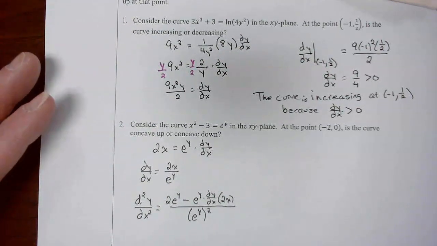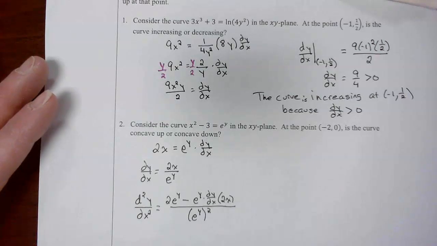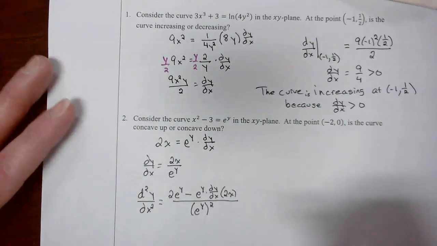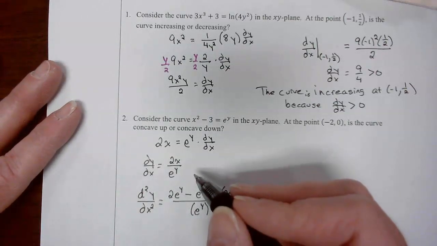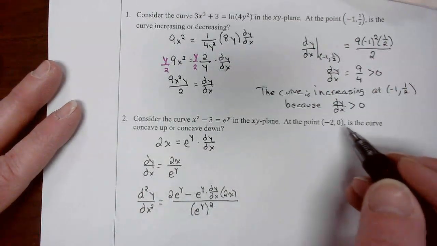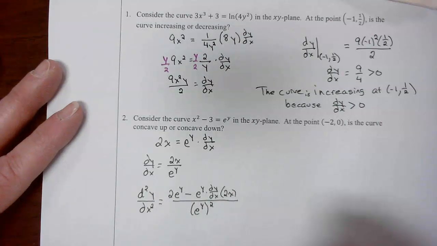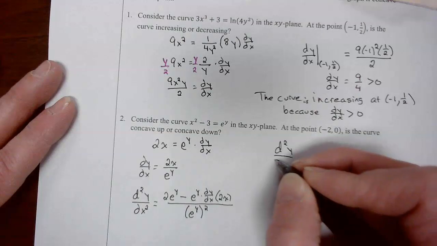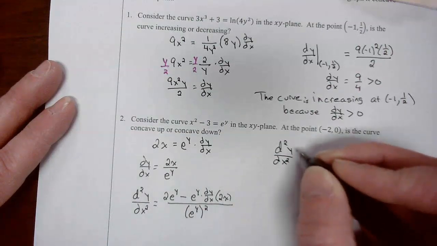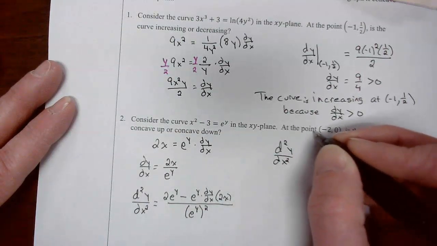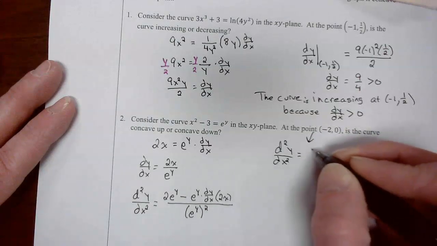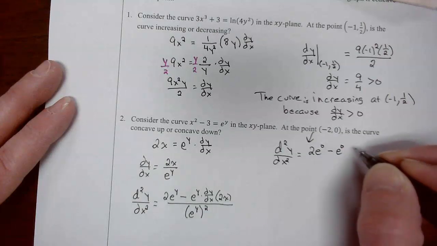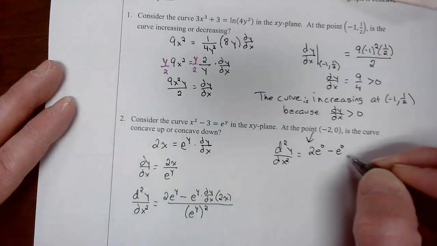Now, you could try to simplify this a little bit, but you don't have to. You could just plug in negative 2, 0 straight into here. So d squared y over dx squared at this point would be 2 e to the 0 minus e to the 0 dy/dx.